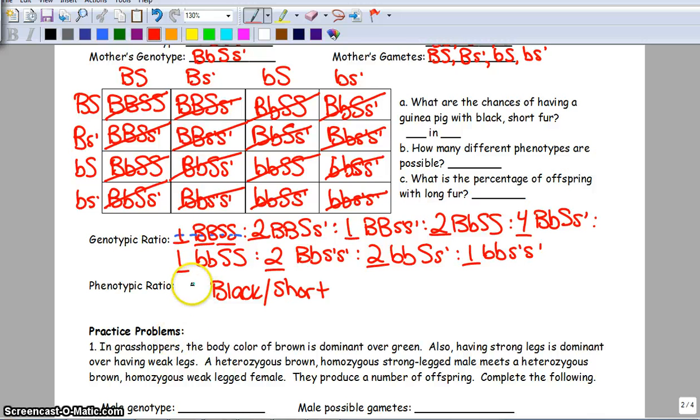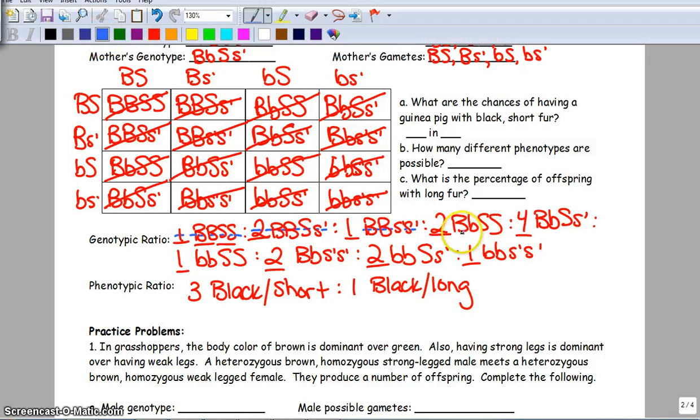So let's add those together. We have 3 of them now. Temporarily cross that off. All right, we have big B, little s. That is going to be black fur, but long. So we need to start a new category. So far we have 1 black long-furred guinea pig.